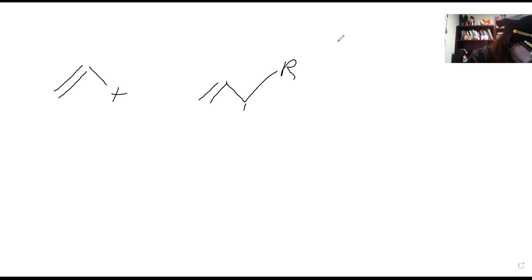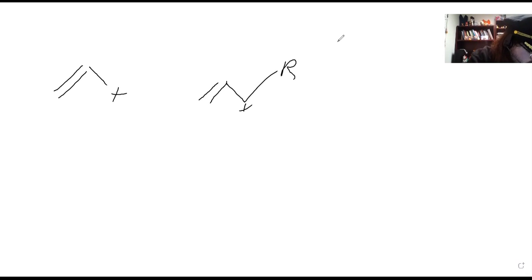So we can look at this allyl cation versus, say, this.